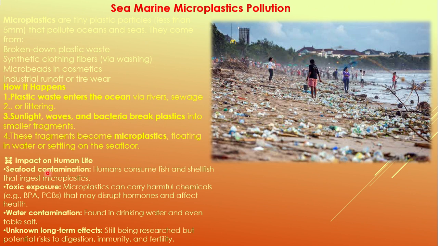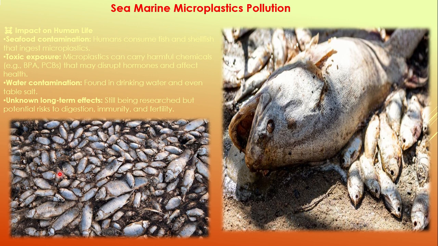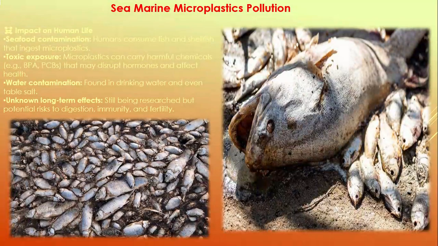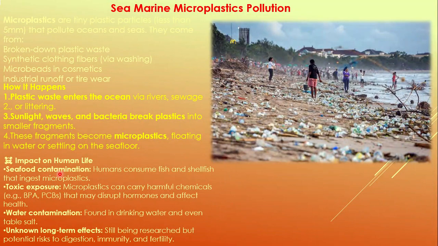The seafood is contaminated. The seafood which we consume is contaminated by this microplastic pollution, which is very dangerous for humans. Humans consume the fish, and the fish eat this microplastic, so this microplastic goes through fish and seafood into the human body.